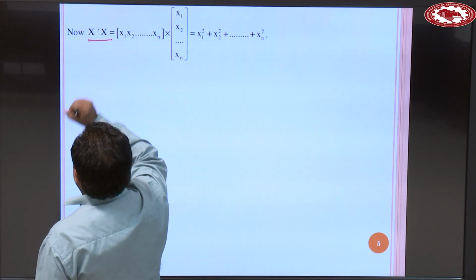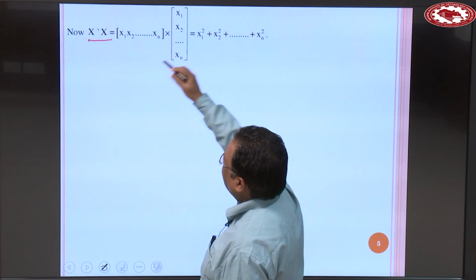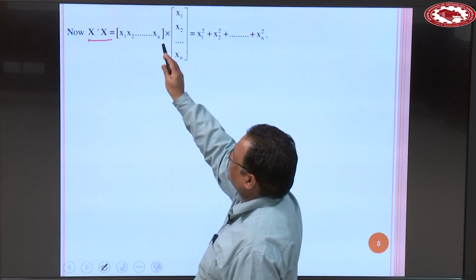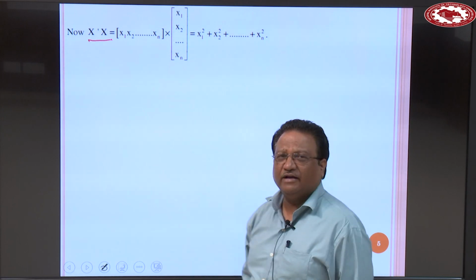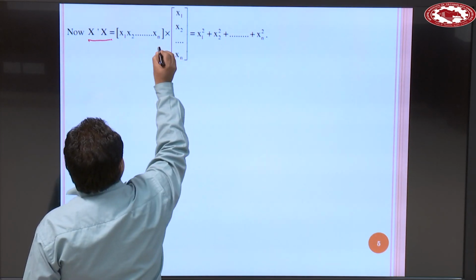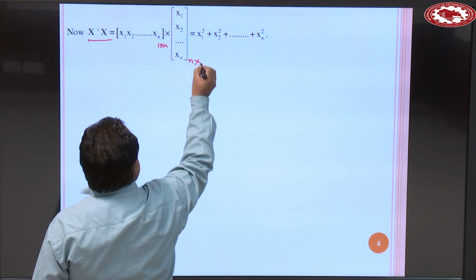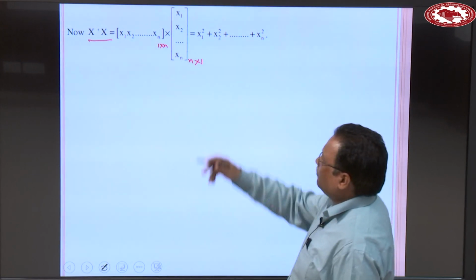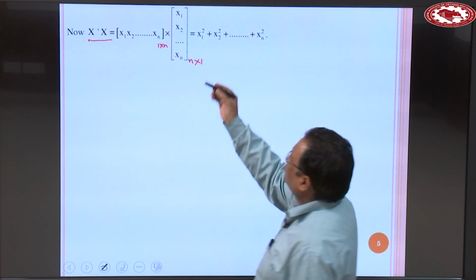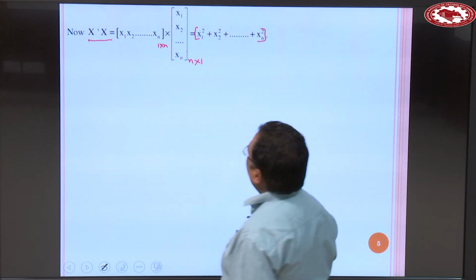Calculate x dash x. X is x1 x2 up to xn and x dash, the transpose of x, is x1 x2 up to xn. So this one is 1 into n and this one is n into 1. Clear? So the product is 1 into 1, a matrix having one row and one column.